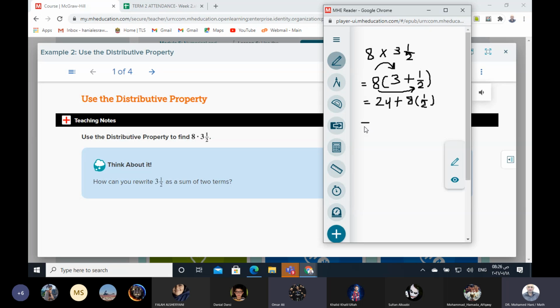So here we have 24 plus 8 times 1 over 2, which means 8 times 1 divided by 2. 8 divided by 2 will be 4. So the last answer will be 24 plus 4, will be 28. Okay.